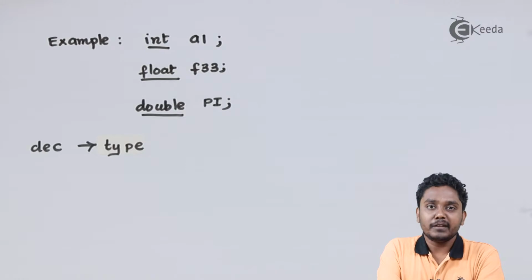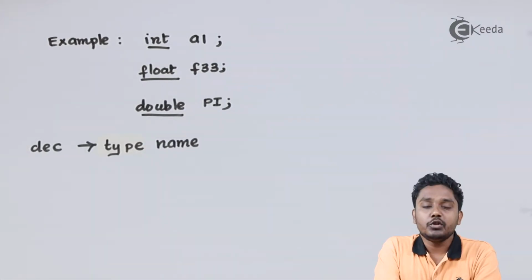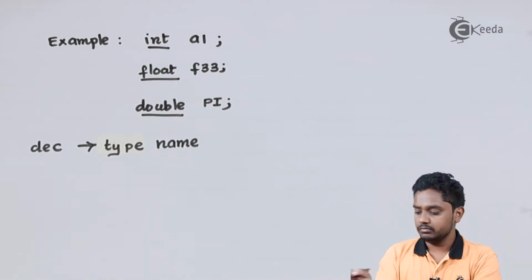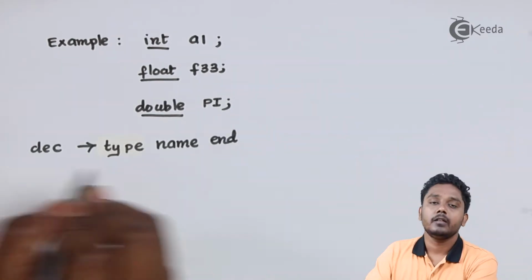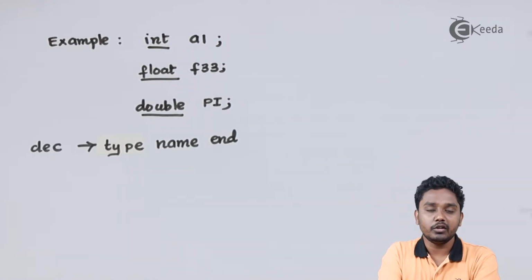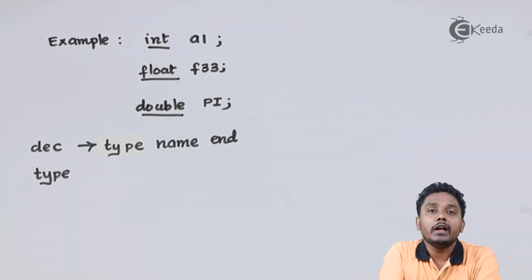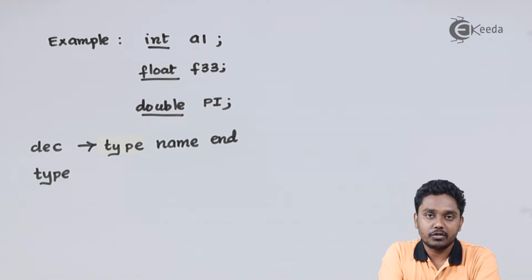Type is followed by the name, which would be followed by the end symbol, which is the semicolon termination. Now let us try to expand the non-terminals type, name and end. What values can type take? Based on our assumption, it is int, float and double.